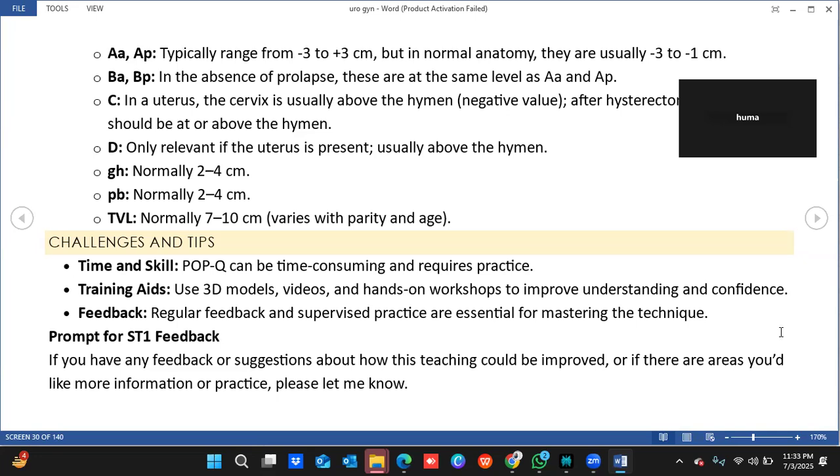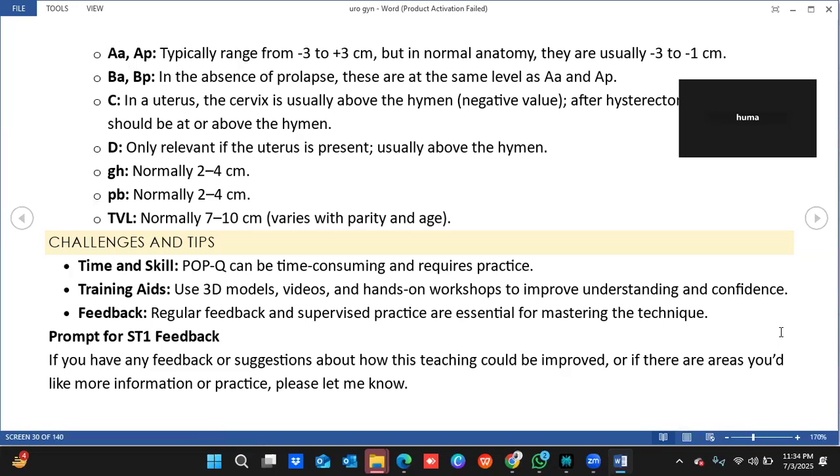In a woman with a uterus, the cervix is usually above the hymen, in the negative value, and after hysterectomy the cuff should be at or above the hymen. D is only relevant if the uterus is present, and it is usually above the hymen. Genital hiatus normally ranges from 2 to 4 centimeters, and in the same way the perineal body is also up to 4 centimeters. Total vaginal length varies between 7 to 10 cm according to parity and age.